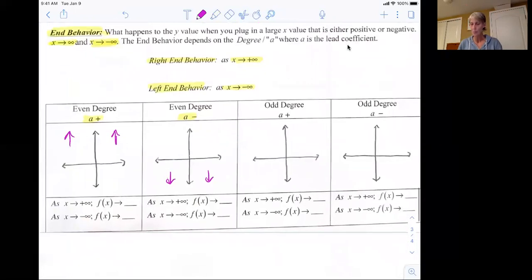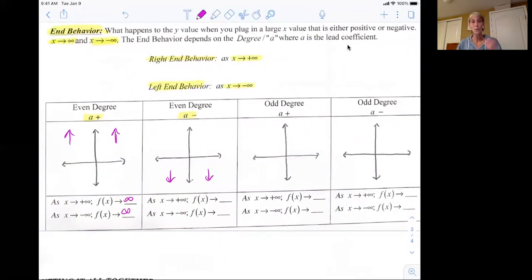So to get a little bit more detailed, as x goes to infinity, our function f of x also goes to infinity. Now we're going to get a little more detailed with how we explain things. And as x goes to negative infinity, our graph is also going to positive infinity.